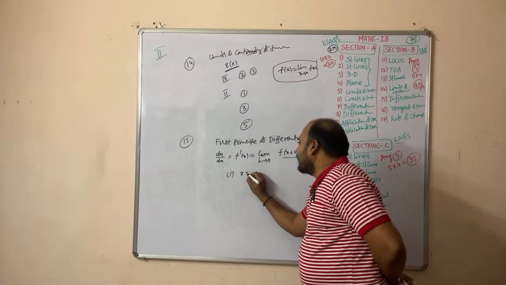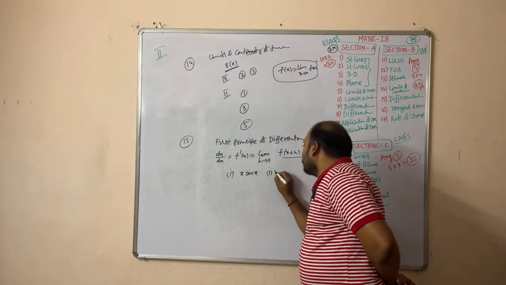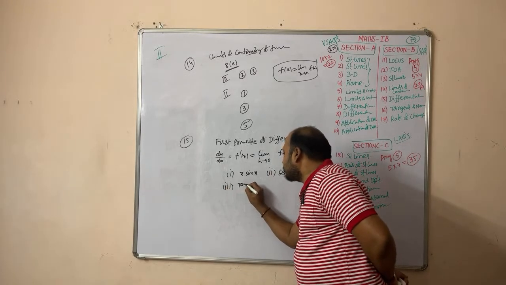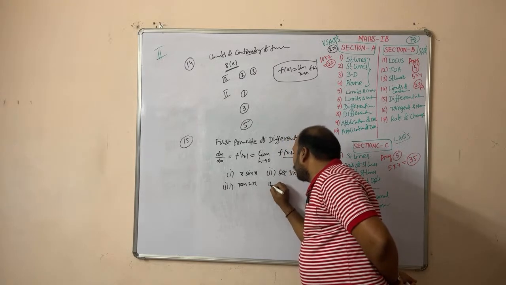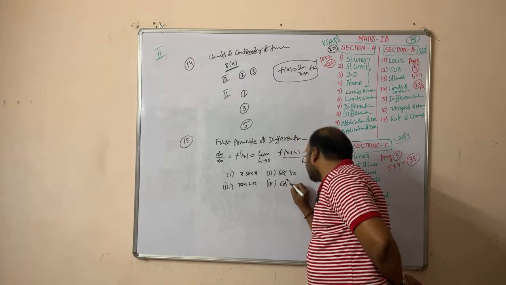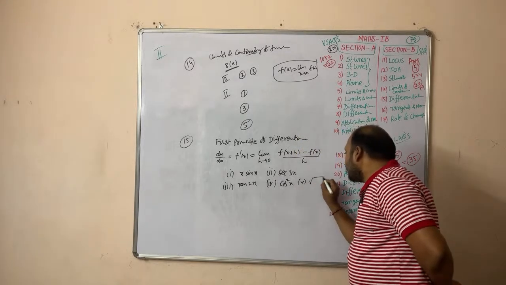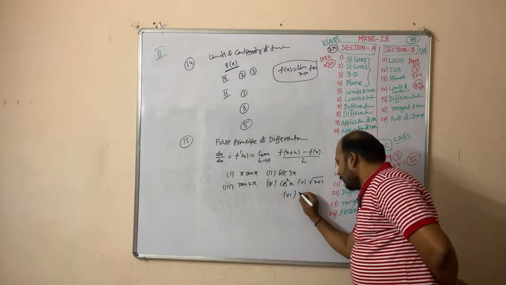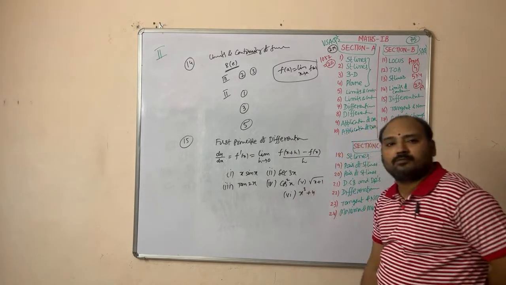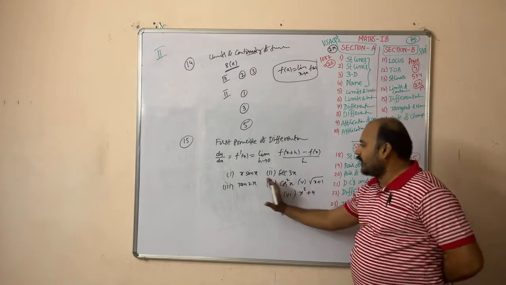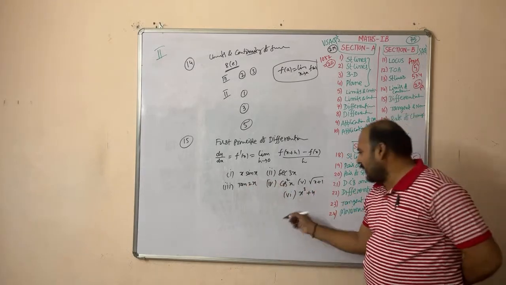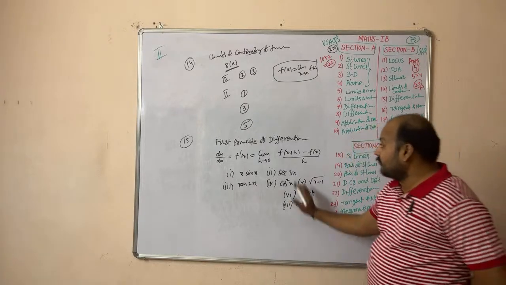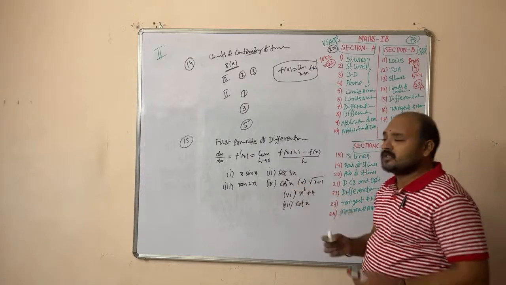First, x sin x, second, secant 3x, third, tan 2x, fourth, cos square x, fifth, root x plus 1, sixth, x cube plus 4, and even seventh, cot x if you want. By using first principle you can do these, dear students.